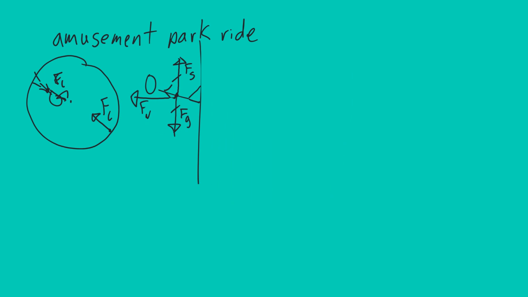In this case, we know that the normal force is equal to mass times velocity squared divided by radius. And we also know that the force of static friction, which is mu s times that normal force, is equal to mass times gravity.